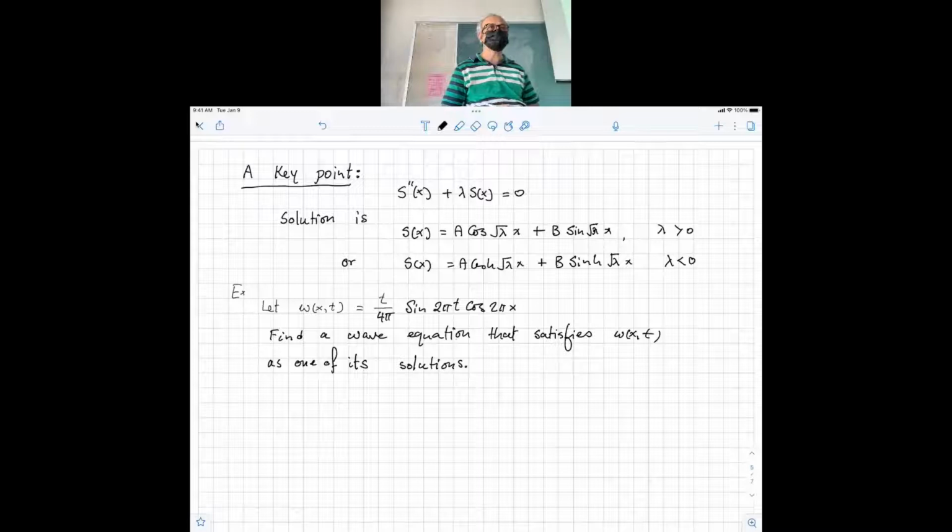So here a function is given, and you want to find a wave equation that has it as a solution. And this is a technique we normally call the method of manufactured solution or manufactured PDE. So if I have a solution, I can manufacture a PDE as I want.